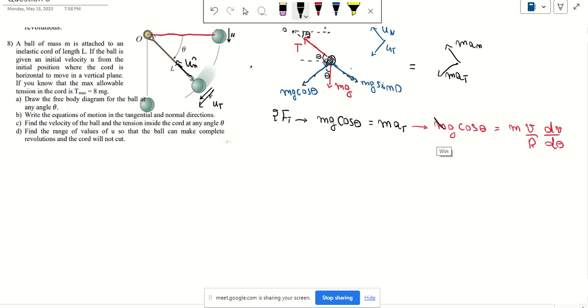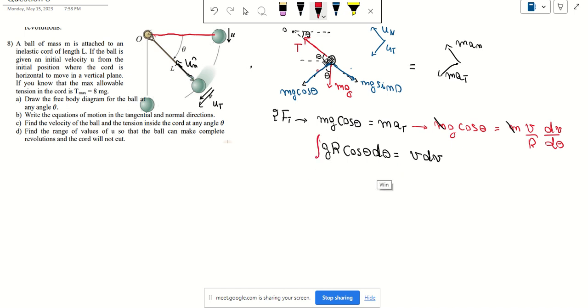Again, we will cancel both m together, and we will separate the variables. So we'll have gr cosine theta, and we forgot d theta here, so gr cosine theta d theta is equal to v dv.